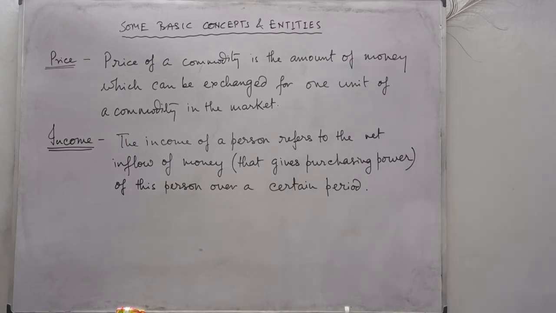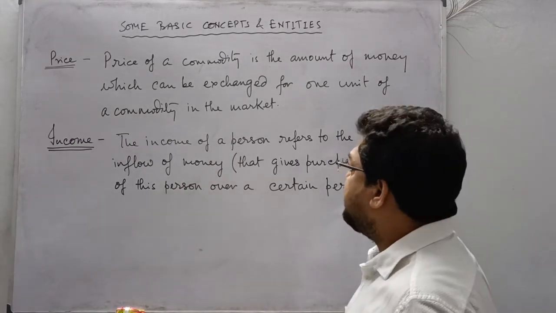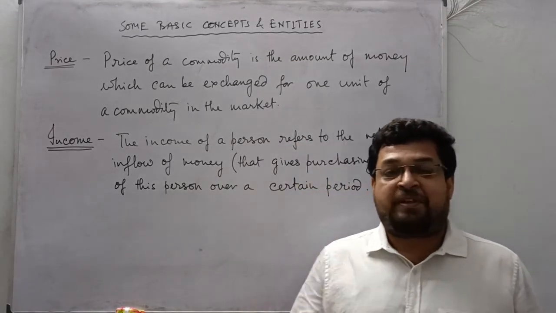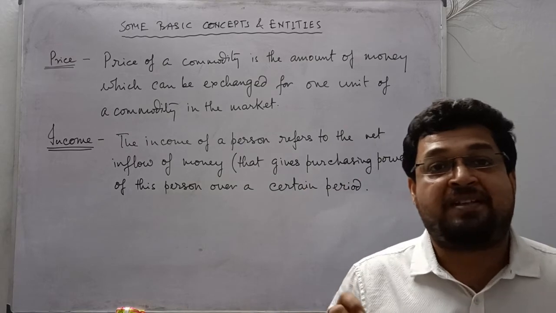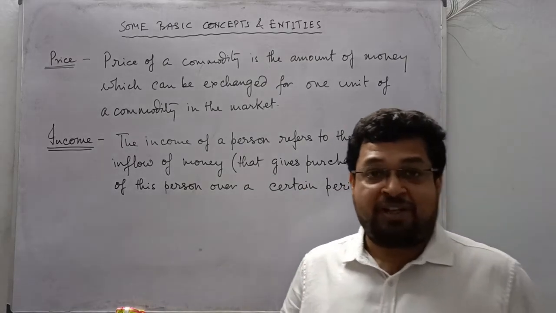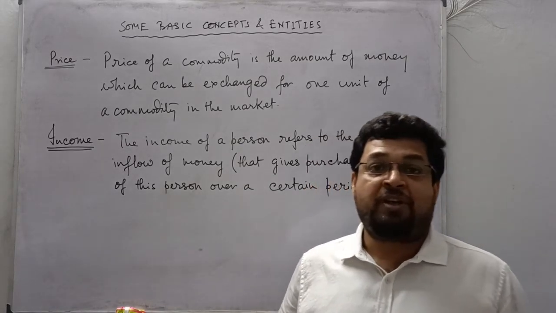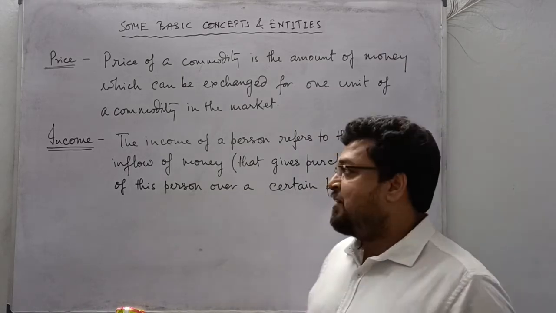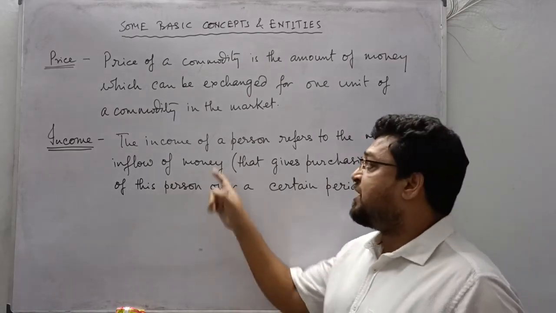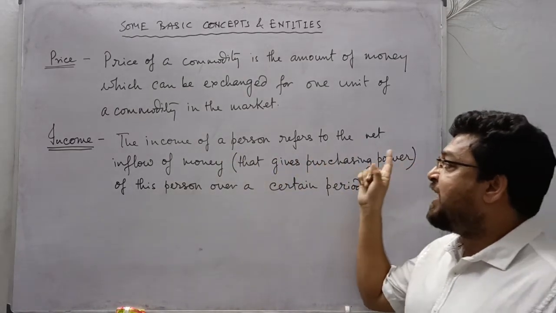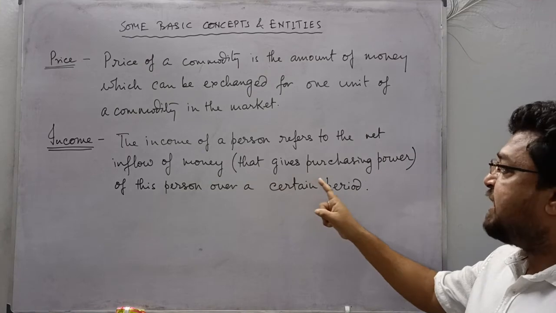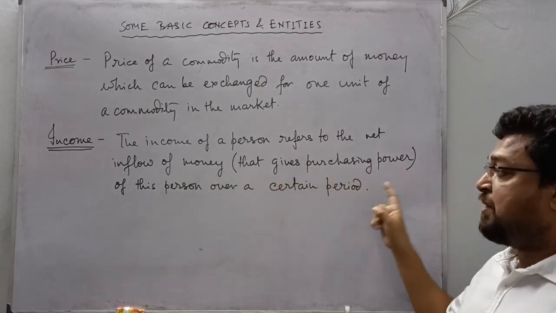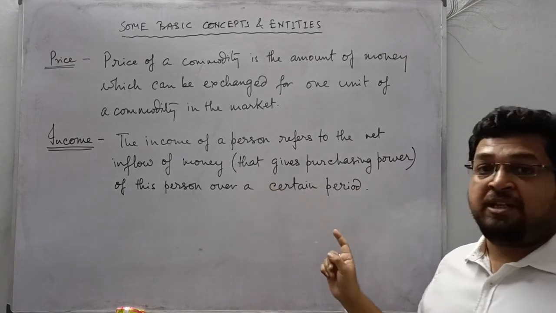Next comes income. The income of a person, what do we know? Again, a very simple, common concept. In economics, we define income as money income. When we are talking generally about income, we are talking about the cash inflow or the money inflow. The income of a person refers to the net inflow of money that gives the purchasing power of this person over a certain period.